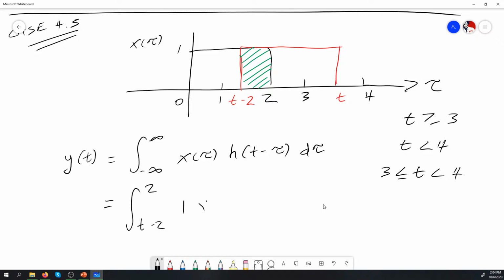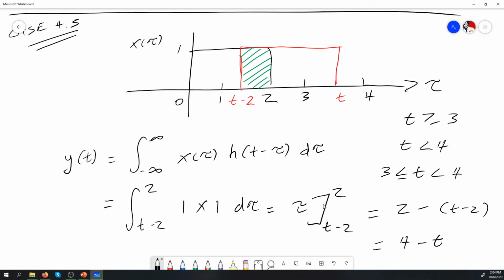X of tau is 1, h of tau is 1, so we get tau here being in between 2 and t minus 2. At 2 minus t minus 2 gives us a result of 4 minus tau here, minus t, sorry, accordingly.